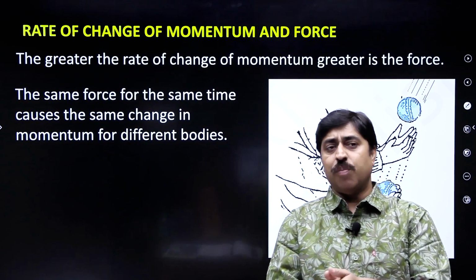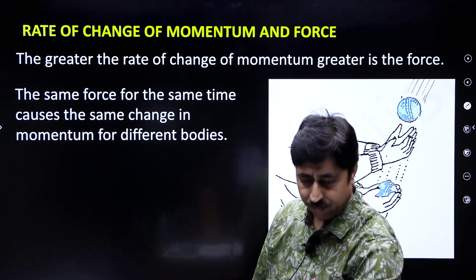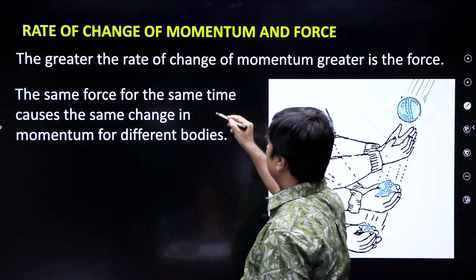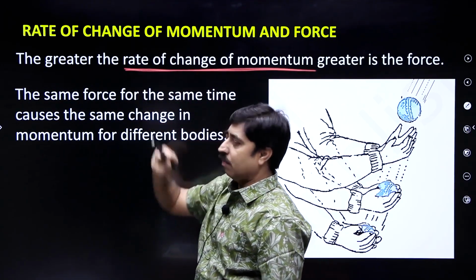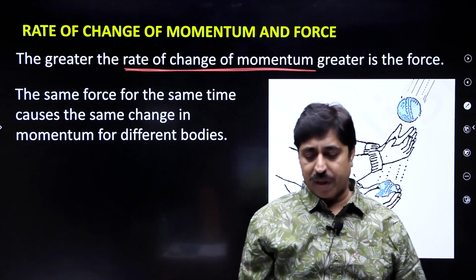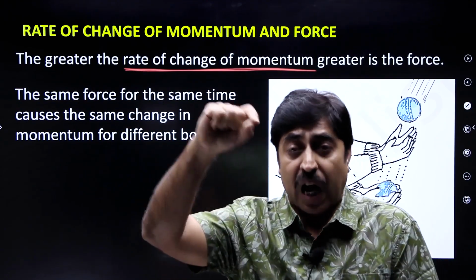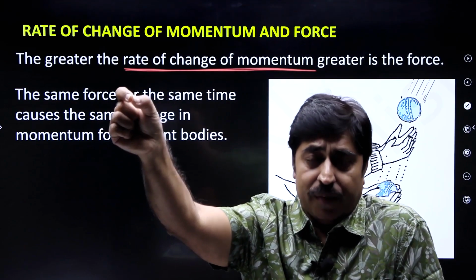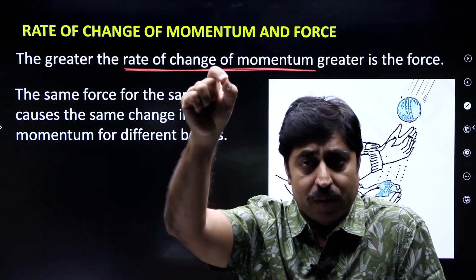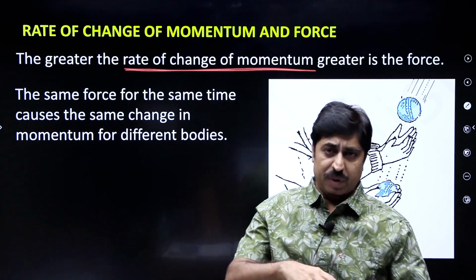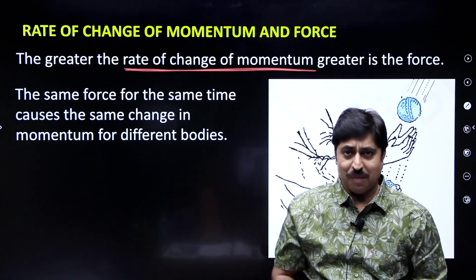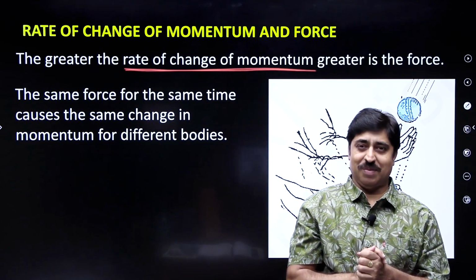Here the phrase rate of change of momentum means rate of change of momentum with respect to time, right? Rate of change of momentum with respect to time is high when force is high. Rate of change of momentum is small when force is small. There are many such examples to illustrate this.